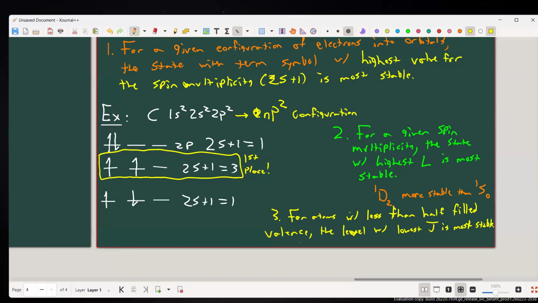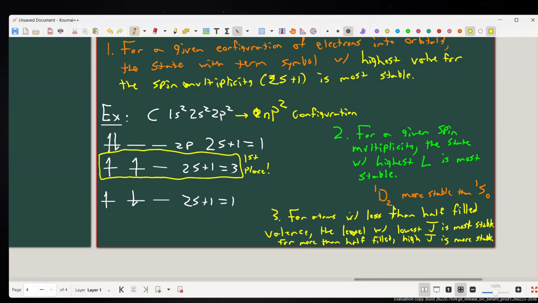Okay. For more than half filled, high J is more stable. All right, it's not immediately obvious how these three rules get me my second place. But you're going to work on that, and we'll talk a little bit more about it.